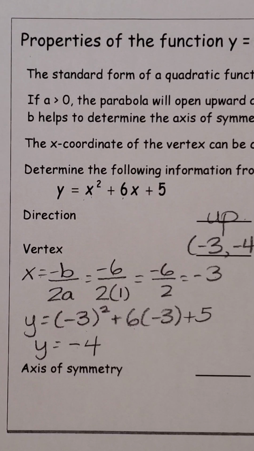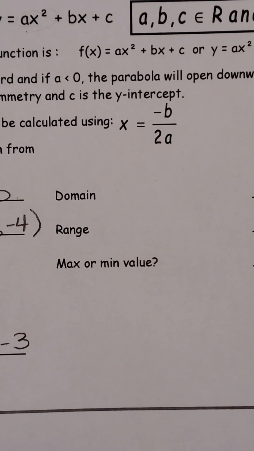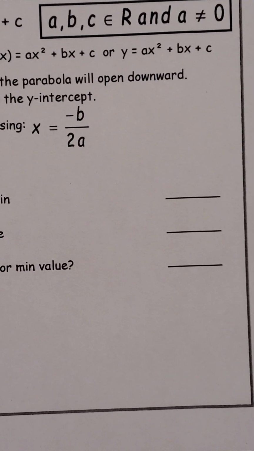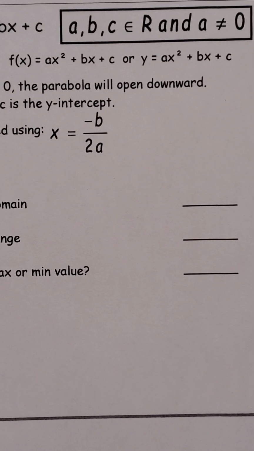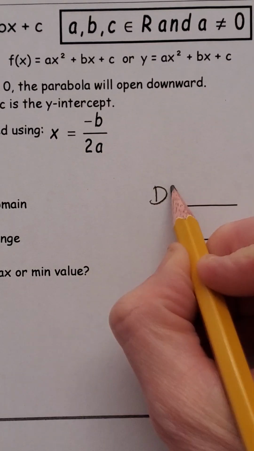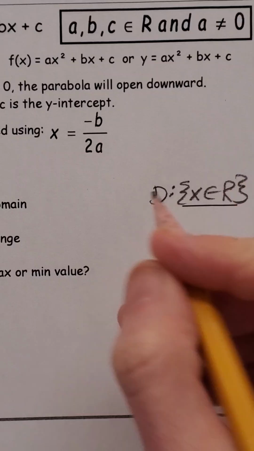So now that we have our p and q, we can deal with the rest of these. So our axis of symmetry will be x equals negative 3. And we'll move over here to domain, range, max and min. Just trying to see if I can get it to fit all on here. Domain we know is x is an element of real numbers.